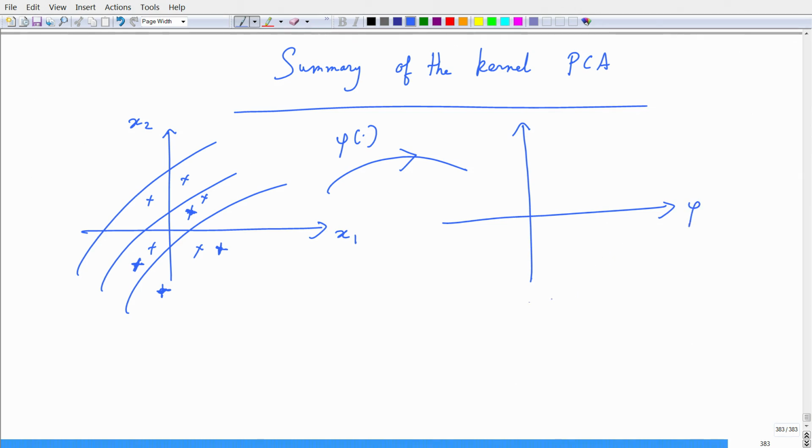I may have this as a 2-dimensional space and this as a 3-dimensional space, and I can form my eigenbasis. I put phi E in this space. So, I form the eigenbasis in this space. I call them E1, E2, E3, and I can represent the points in this space, right.